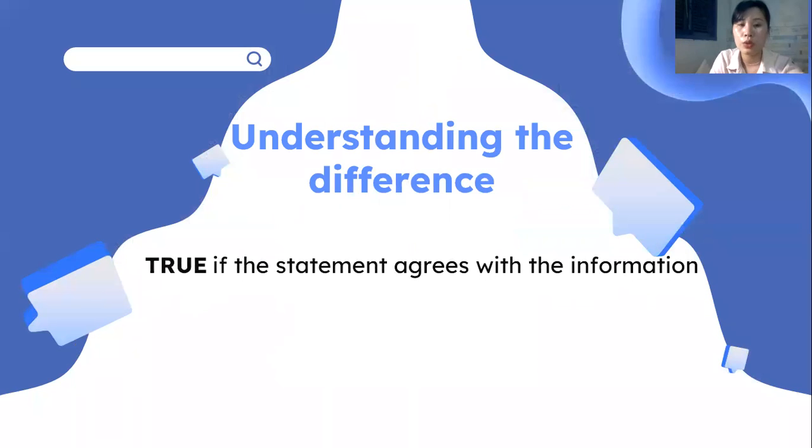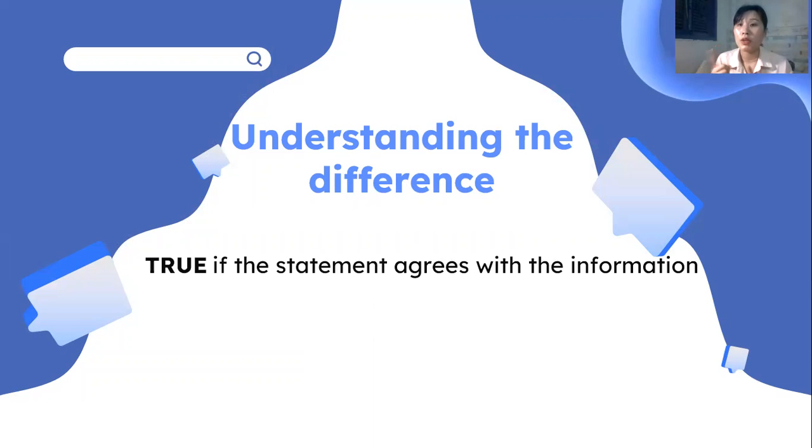The first, true, is when the statement agrees with the information. Why do I say that true means the statement agrees? Of course, if the statement is true, then it will exactly match the facts given in the reading text.